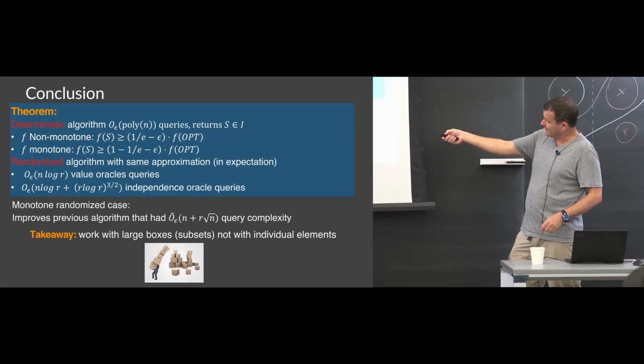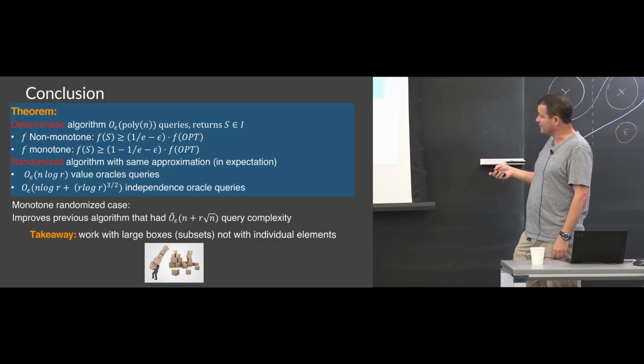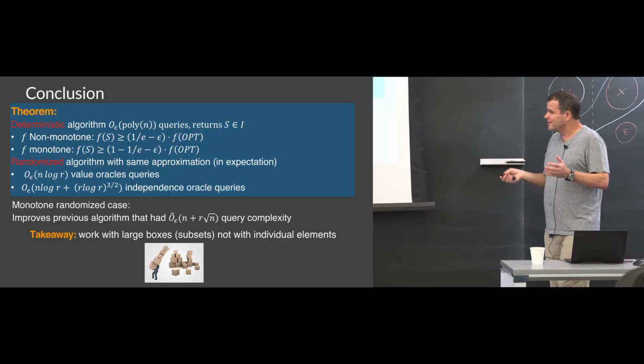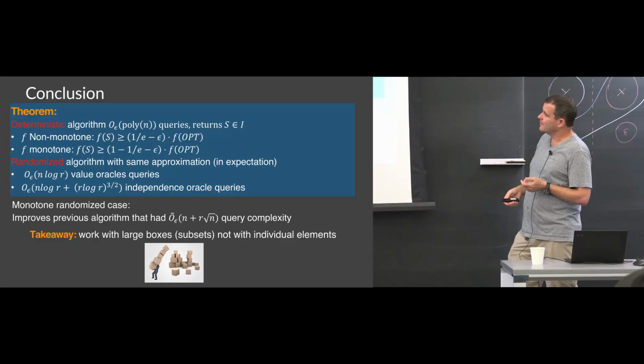So even here, with certain rank, we get faster algorithms. And the most important takeaway is to work with large boxes. So throw several elements together and don't work with individual elements, but with large boxes that contain a lot of elements.